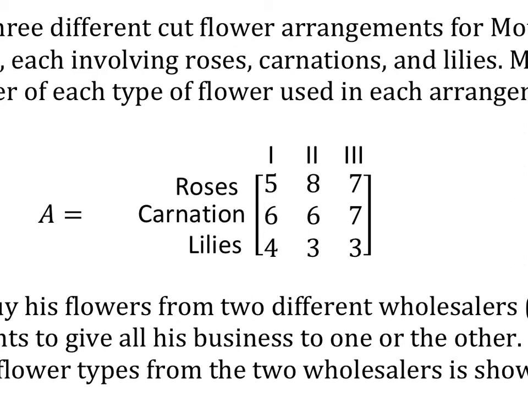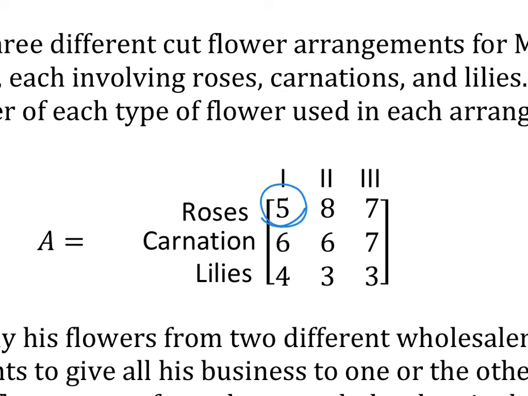Yeah, they're the columns, but what does 1, 2, 3 mean? Wait, arrangement for the different arrangements, correct. Now, what does this 5 mean then? Oh, it's like how many roses? For that arrangement.